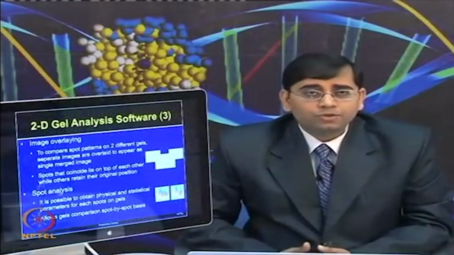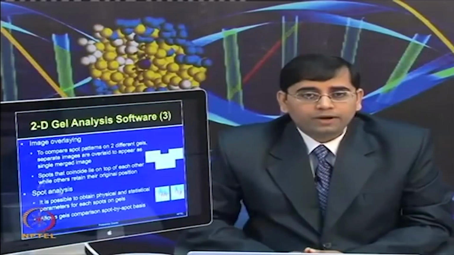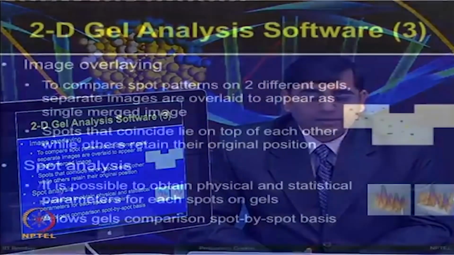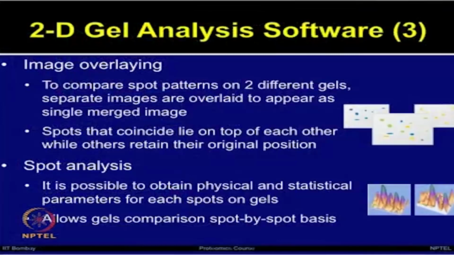Then you would like to do the spot analysis, where you can obtain physical and statistical parameters for each spot which is present on the gel. You can look at the three-dimensional views of each spot, how they are differing from the control to the treatments, and this allows the comparison of the gels on a spot by spot basis.